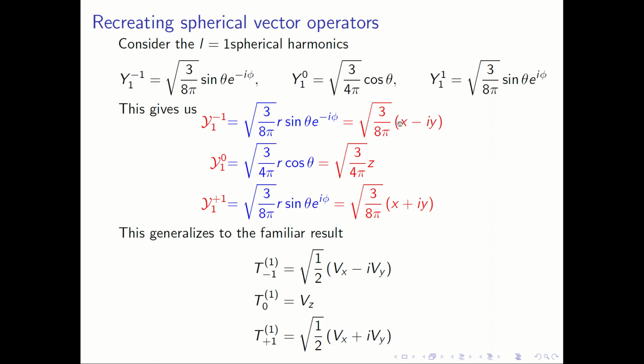Now, this was for the position vector, where the three components of course are x minus iy, z, and x plus iy, but this would generalize immediately to a very familiar result.